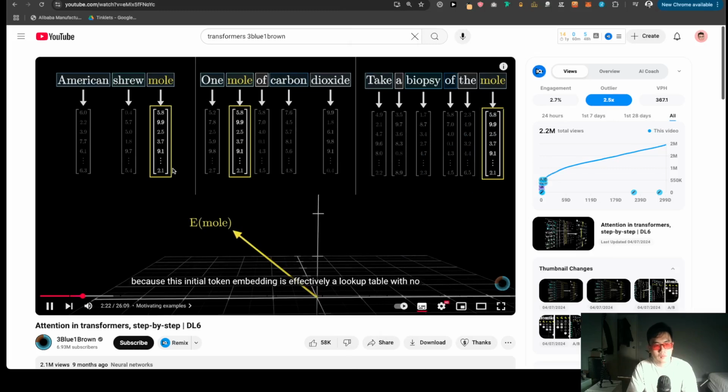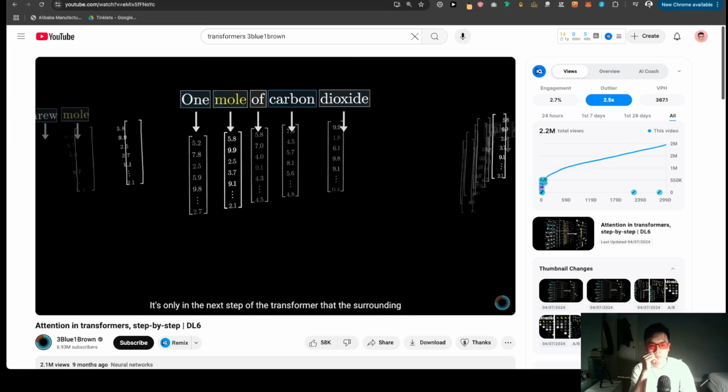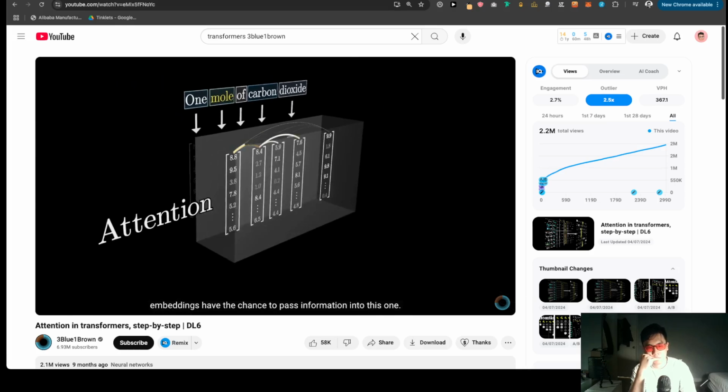Cases, because this initial token embedding is effectively a lookup table with no reference to the context. It's only in the next step of the transformer that the surrounding embeddings have the chance to pass information into this one.